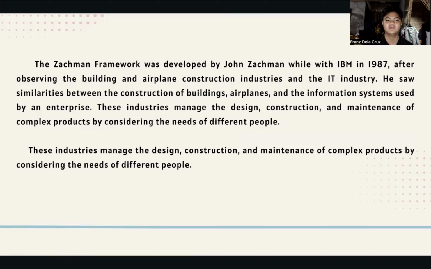There are similarities between the construction of buildings, airplanes, and the information system used by an enterprise. These industries manage the design, construction, and maintenance of complex products by considering the needs of different people.